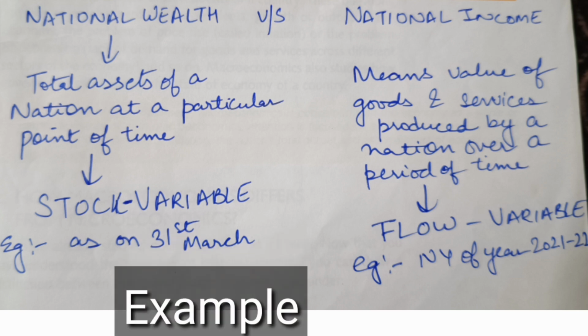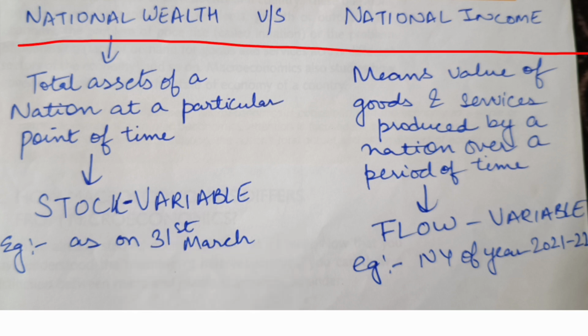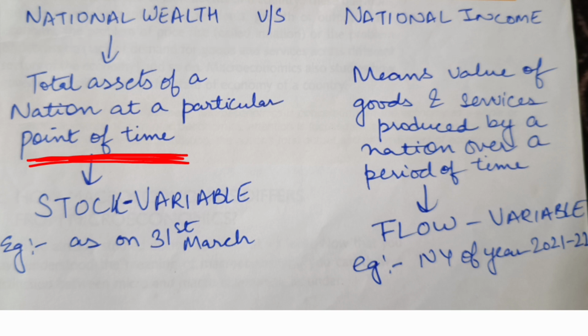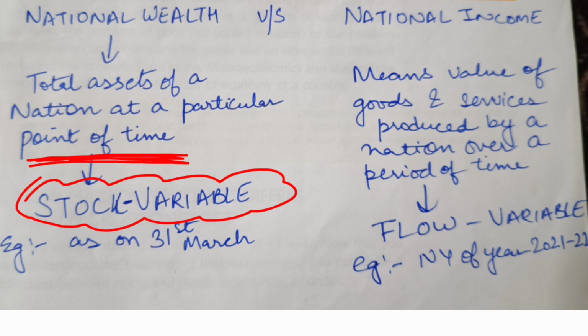Let's talk about the national wealth versus the national income. When we talk about the national wealth, it means the total assets of a nation at a particular point of time. When I talk about point of time, it makes it a stock variable. As on 31st March, this was the national wealth of a nation, right?